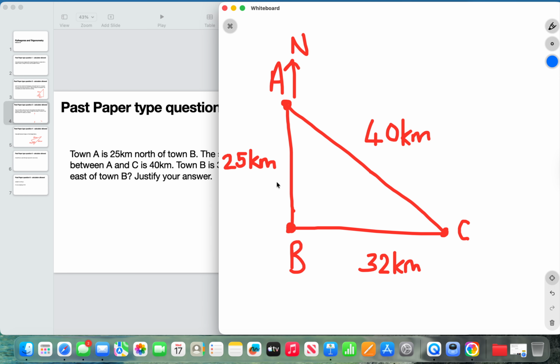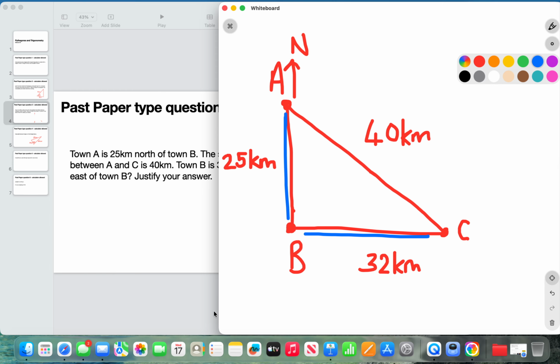So this line and this one have to be at right angles to each other. If those two are at right angles to each other, that makes this triangle right angled.